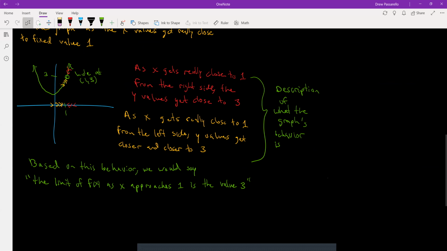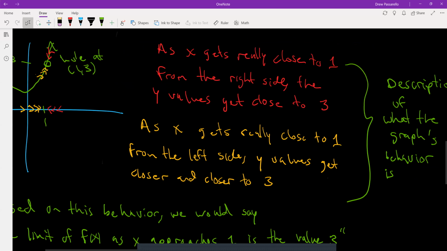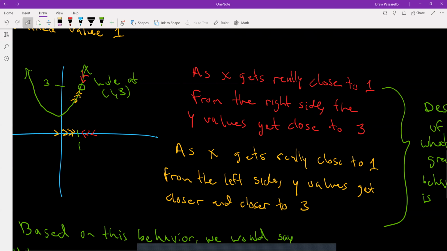Again, this is just a description of the behavior of the graph as the graph gets closer and closer to some fixed value. So even though we know there's a hole at the point (1, 3), we know that as x gets closer and closer to 1 from the right, so that's the red arrows pointing towards 1 from the right side, the y coordinates, the red arrows again, are pointing closer and closer to that hole. And same thing for yellow.